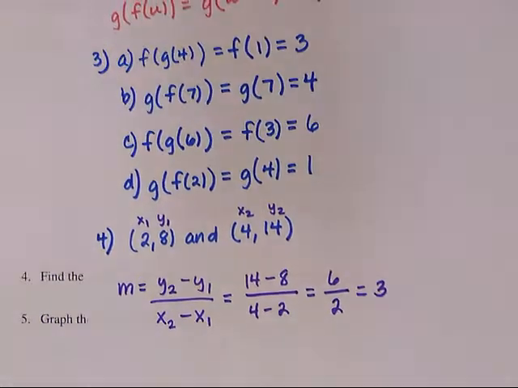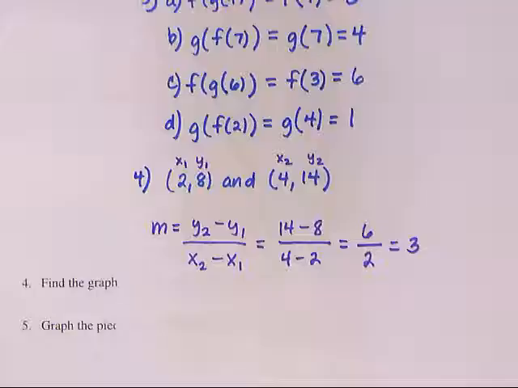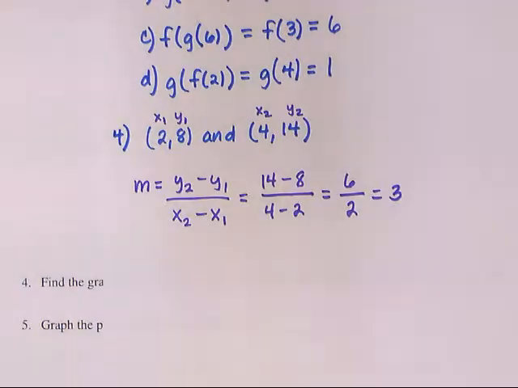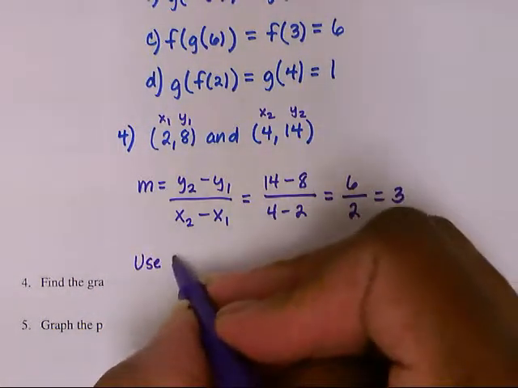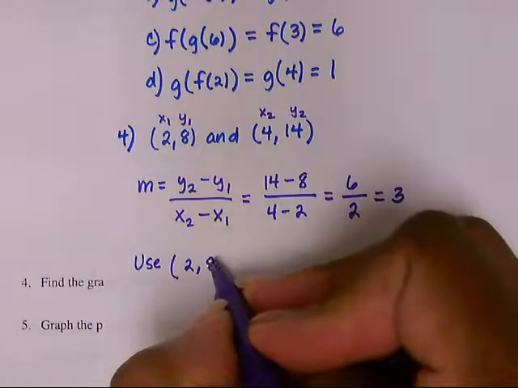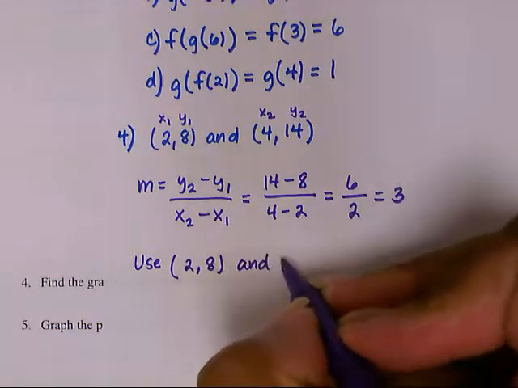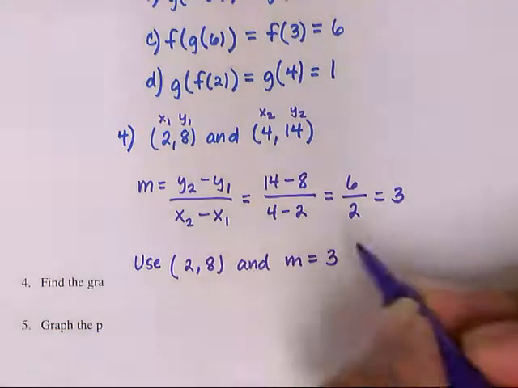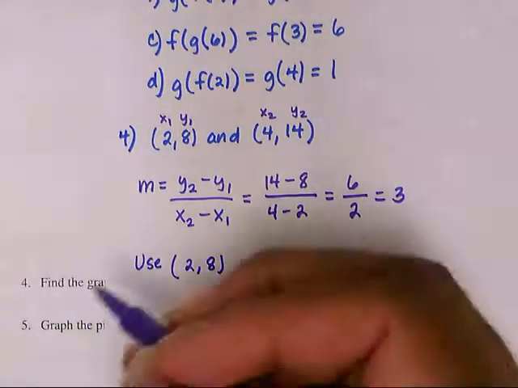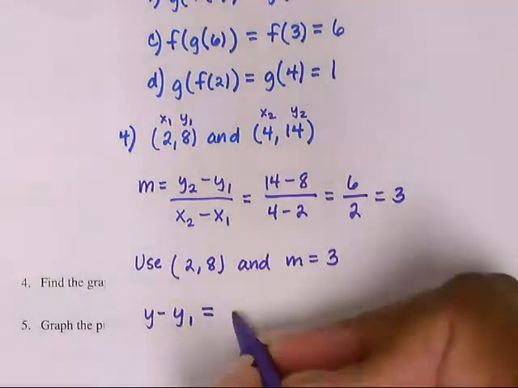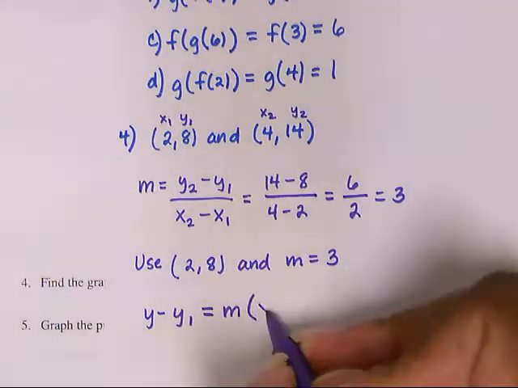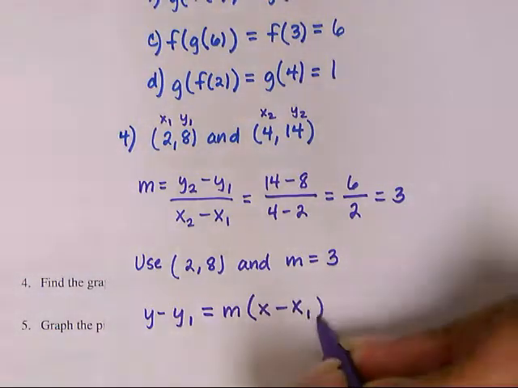Now I need the equation of that line. So here I'm going to use the first point, (2, 8), and the slope of 3 in my point-slope form, which is of course y minus y1 equals m times x minus x1.